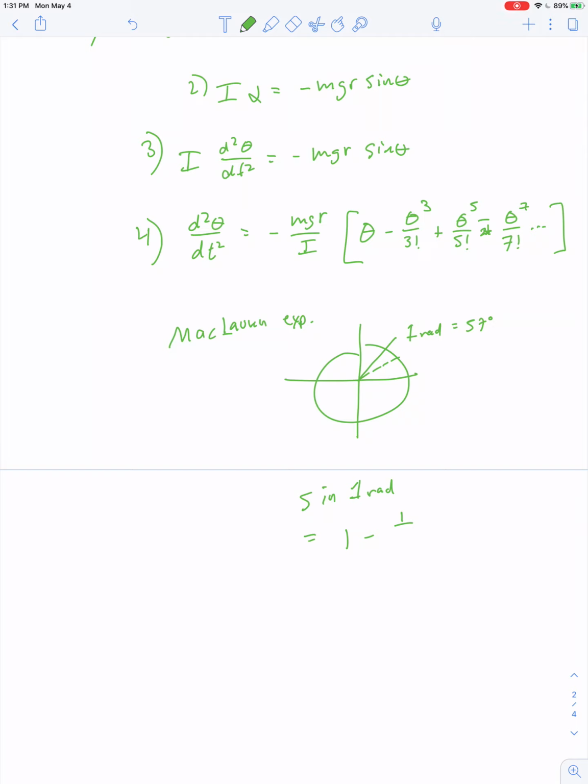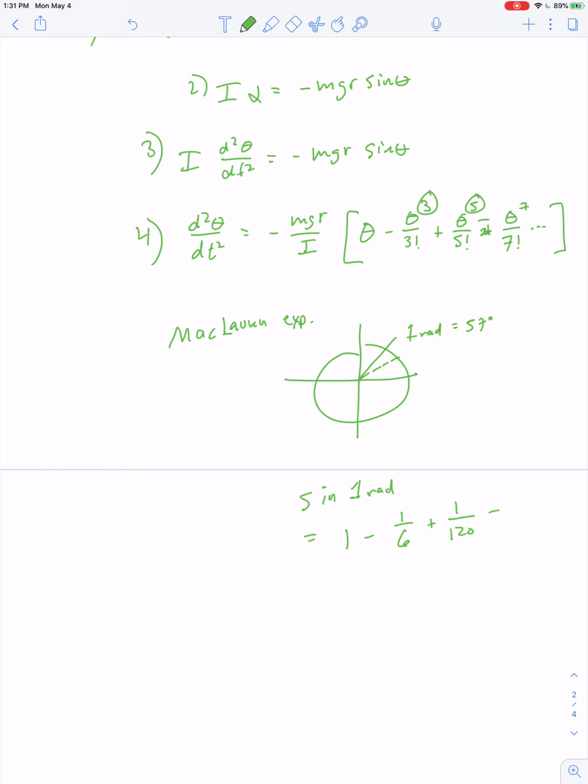So 3 factorial is 3 times 2 times 1, so 1 minus 1/6 plus 1, because 1 cubed is still 1, and 1 to the 5th is still 1. And then 5 factorial, 5 times 4 times 3 times 2 times 1. So 5 factorial is 20 times 3 factorial, which is 120, and on and on.